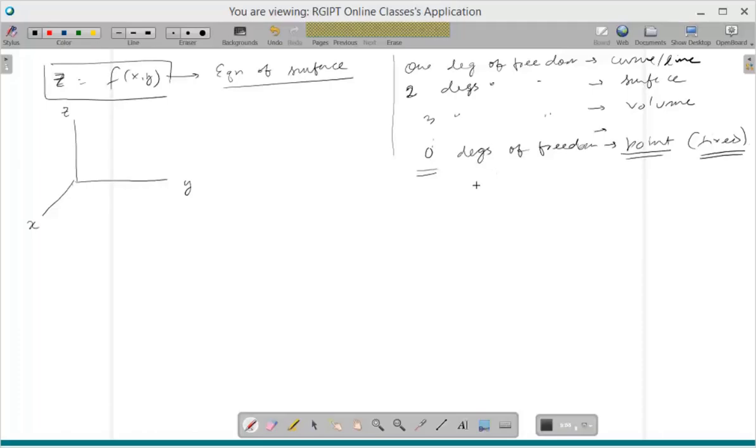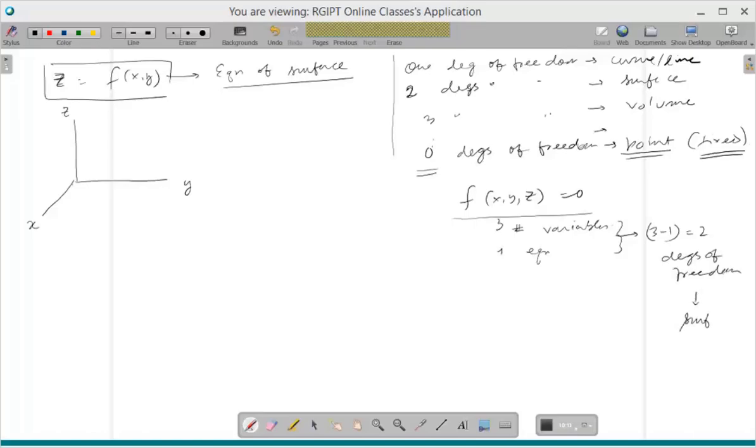So here, for example, if I am writing f of x comma y comma z equal to 0, I have 3 variables, and out of that I have 1 equation. That would mean I have 3 minus 1 degrees of freedom, and that would be basically a surface.